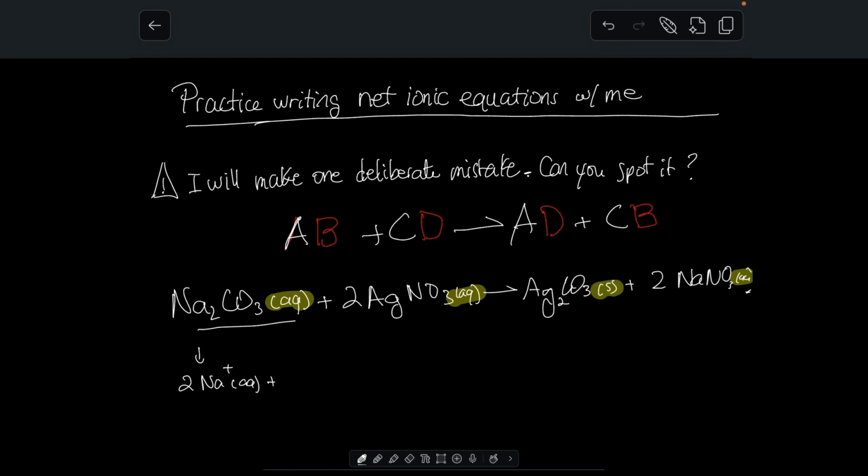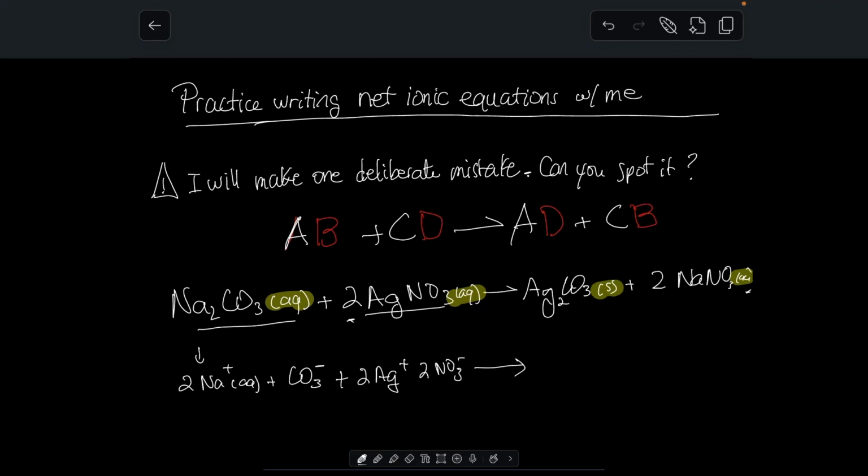It will break apart into 1 carbonate ion. And so then you continue this with this particular compound because it is aqueous. And what you will see here is that you have 2 Ag, silver. Now remember, there's a big 2, there's a coefficient, so that means you would also have 2 nitrate ions.